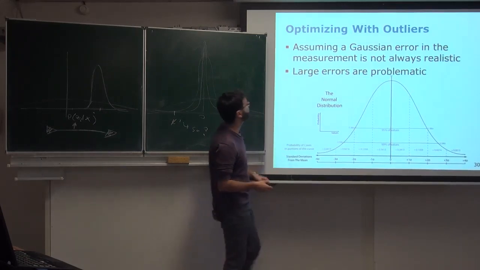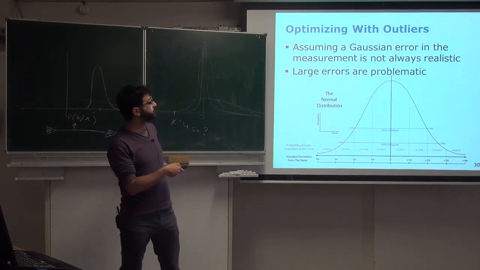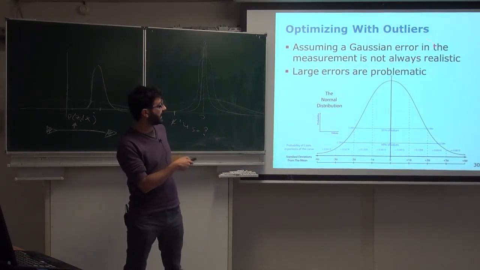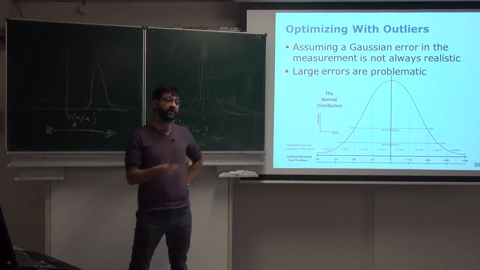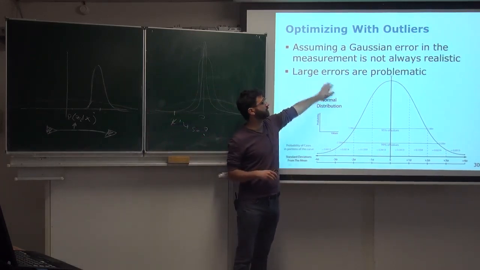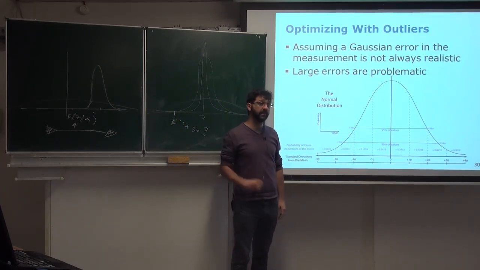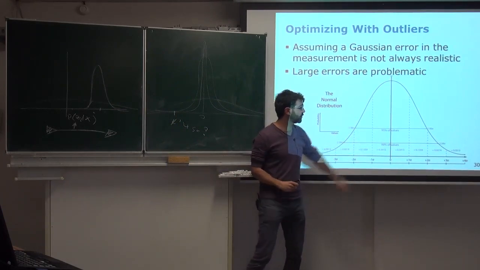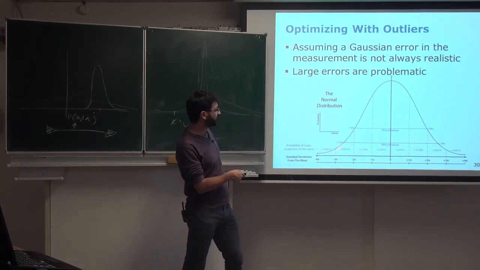Okay? And the problem here is that this error model is not always realistic, so it's not always the case. And when we have large errors, these are problematic, okay?